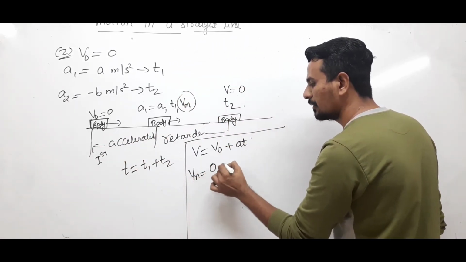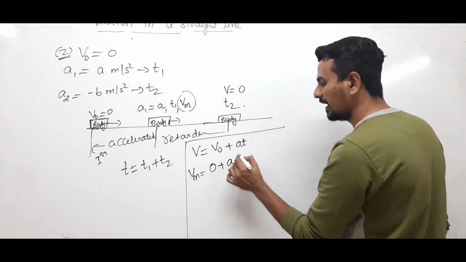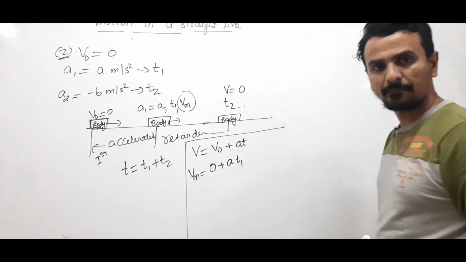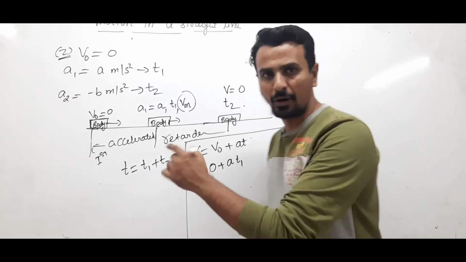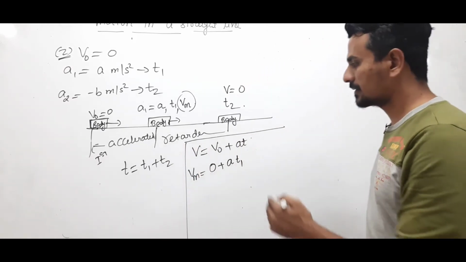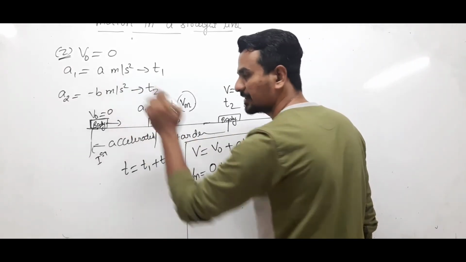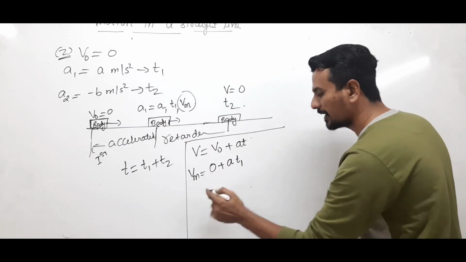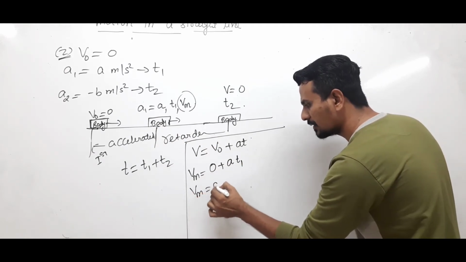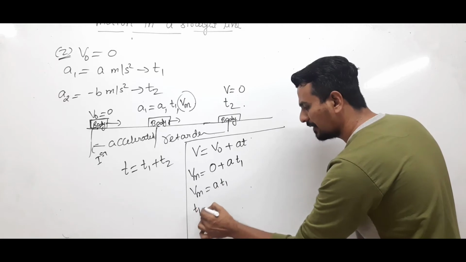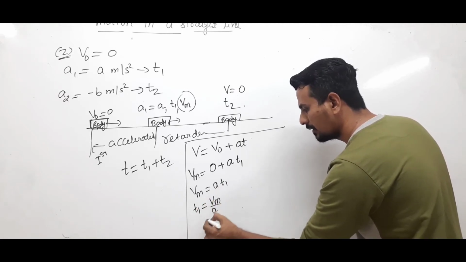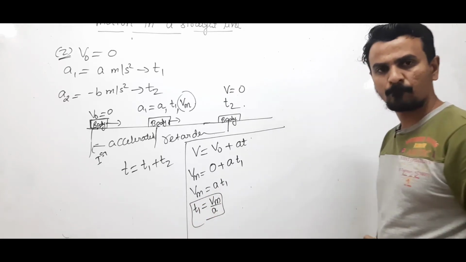Initially V0 is 0, acceleration is a, and it is taking a time t1. Up to time t1, the body is moving with an acceleration a. So Vm equals a t1. So t1 will be Vm by a.